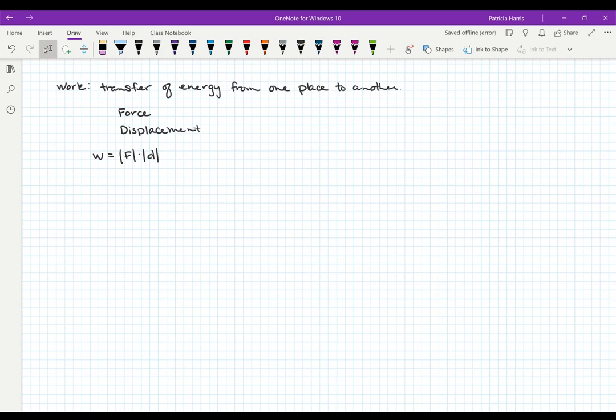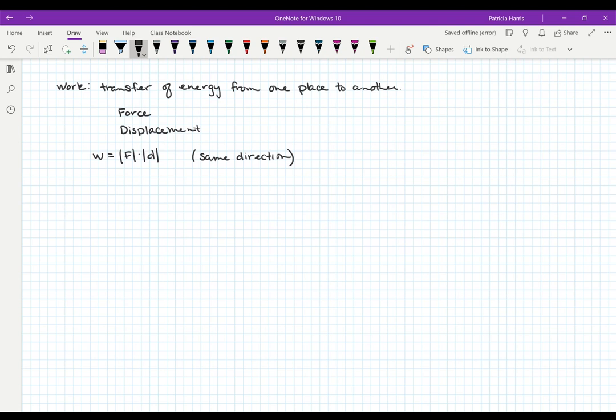Now, this is if we're using the same direction, not in different directions. That's a little bit more complicated. Okay.